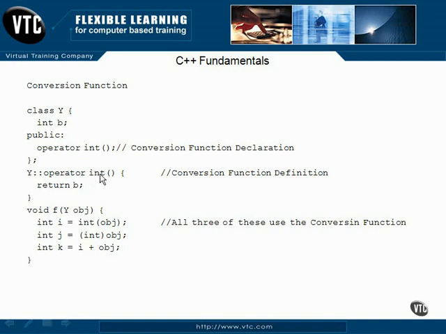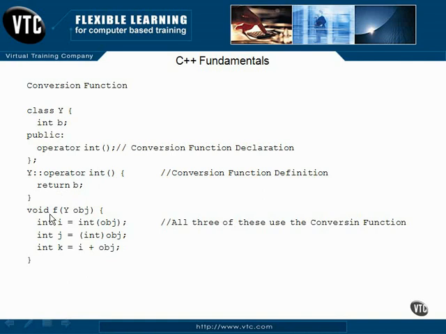So that's our conversion type, and that's the return of this will be the conversion type, and it will be returning back our integer b. These conversion functions take no parameters. There's nothing that can come in because of the way they work, and because of the work that they do, they are implicitly defined to return this operator type. So we know what comes out, we know that nothing goes in.